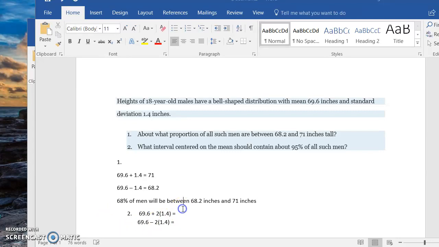All right, and these two values will give us 72.4, and this one will give us 66.8. So 95% of men will fall between 66.8 inches and 72.4 inches.